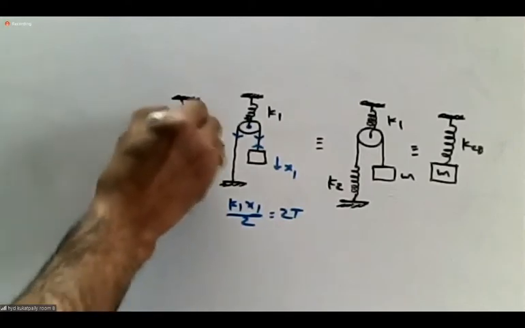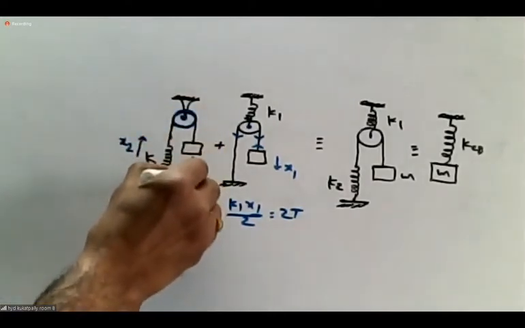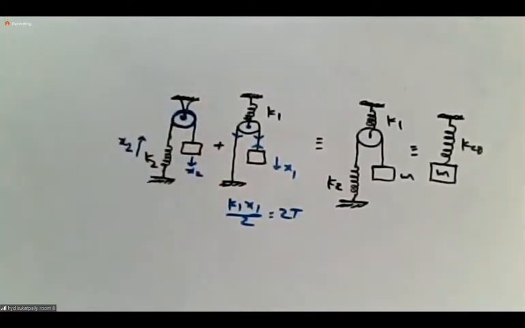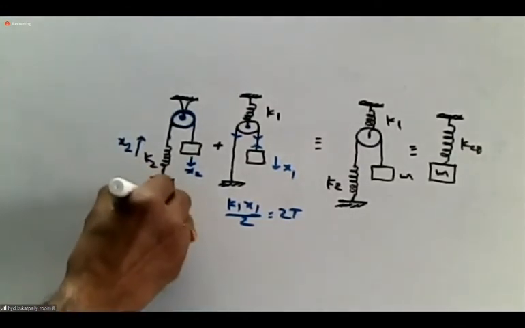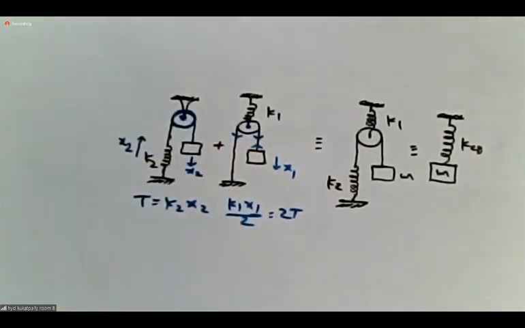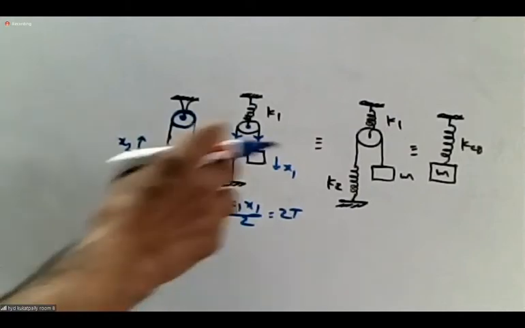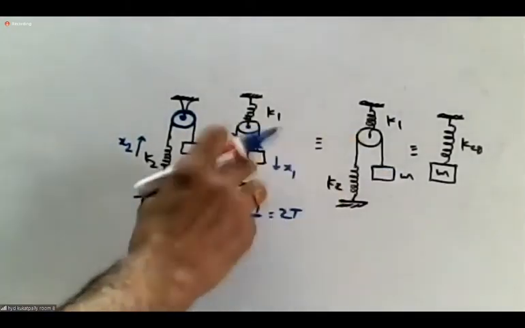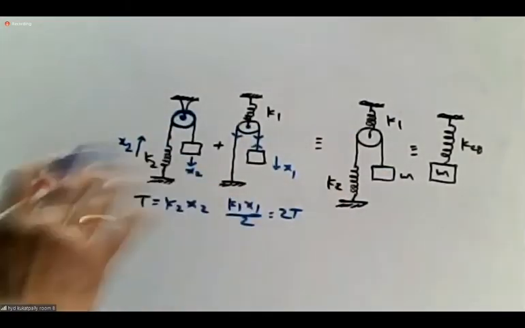When the block moves down x2, this will go up x2. So tension T is equal to K2 x2. This is for our convenience that we have split the two springs separately, the system we have split up separately.